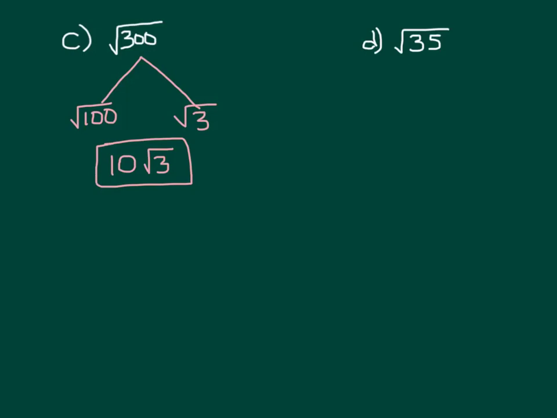And then 35 is divisible by 7 and 5, so you can do 7 times 5, but 7 is not a perfect square and 5 is not a perfect square, so that's not going to help me break it up. Those are the only factors besides 1 and 35, so the square root of 35 cannot be simplified. It's just going to be the square root of 35.